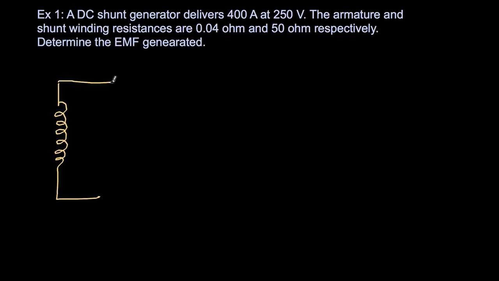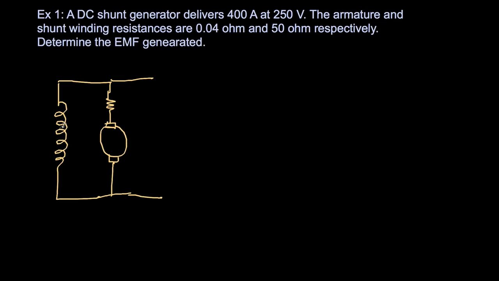So this is the shunt field winding, and I'll just use a resistance symbol. This is actually the resistance of the armature. Physically it is inside the armature winding, but just for ease of representation in a circuit diagram, I have drawn it outside.